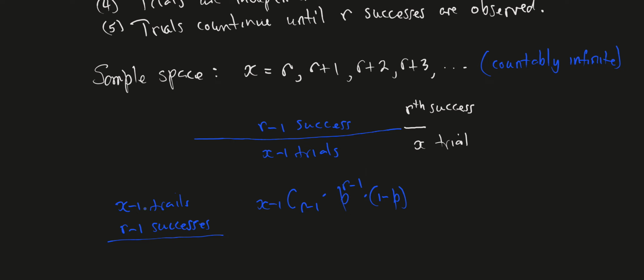So the 1's would go away, and I'm left with x minus r failures. So that would have to be the exponent of my probability of failure. So again, this many failures. And because of independence, these things get multiplied. So that's what would have to happen in the blue.